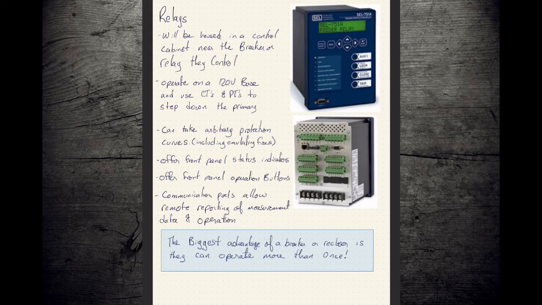With a breaker or recloser and a relay, we look at the relay and we immediately know if it's opened or closed. And if it was opened by hand or whether it tripped open on fault detection, it'll tell you right on the display panel. We've got a display panel. Some other advantages, we've got buttons.